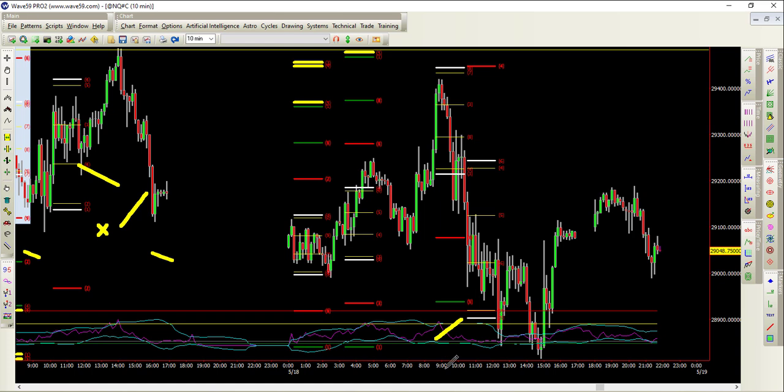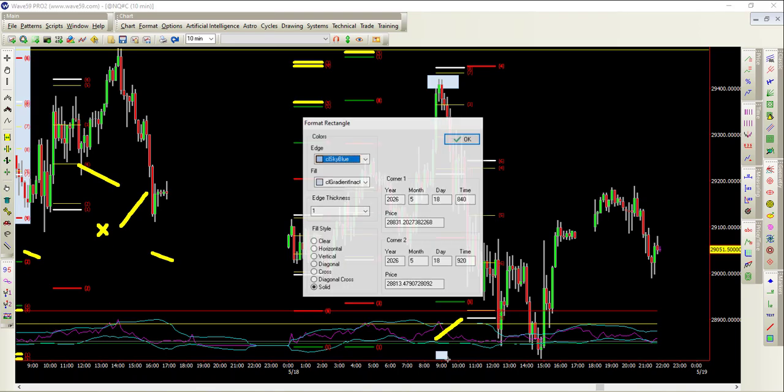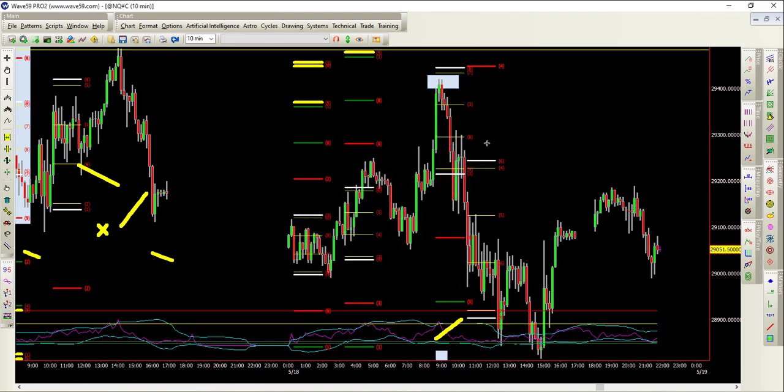At what time? 9. So 7, 8, 9 came together through time and price boundary conditions. Right here at 9 o'clock we had a frequency of 7, 8, 9 at 9, completing the whole circuit of 7, 8, 9.